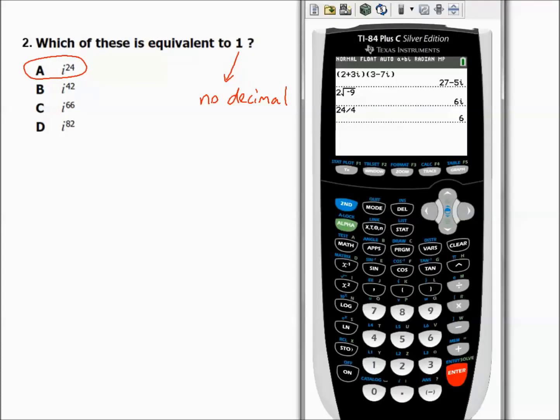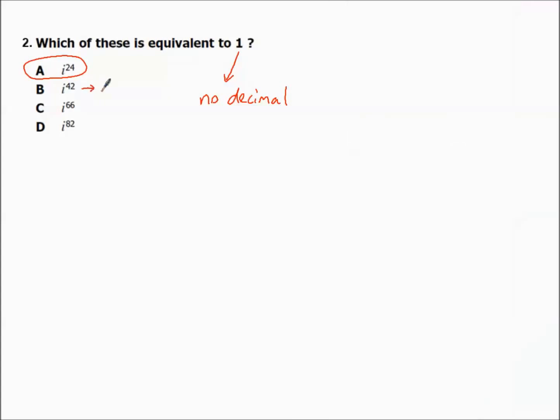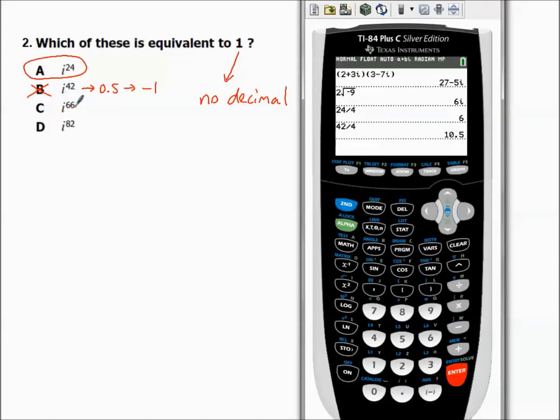Let's look at the next exponent, 42. Let's divide 42 by 4. And this time, now I'm not very interested in the 10. What I'm interested in, what's the decimal? And I see 0.5. So this power of I gives me a decimal of 0.5, which from my notes is equivalent to negative 1. So that's why that is not one of our answer choices. Let's look at 66. 66 is my new exponent. Let's divide that by 4.